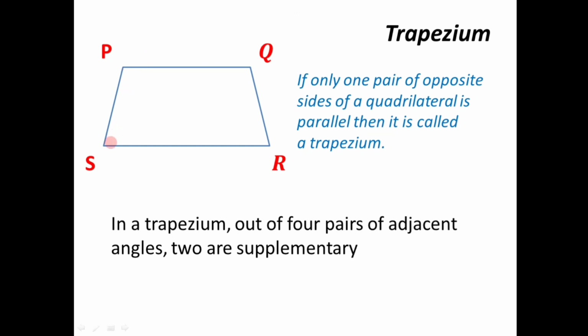That's why angle P and angle S are supplementary. So the first pair of adjacent angles is angle P and angle S. That's why we can write here angle P plus angle S is equal to 180 degrees, and there is another pair of adjacent angles, that is angle Q and angle R. That's why angle Q plus angle R is also equal to 180 degrees. So this is the property of a trapezium.